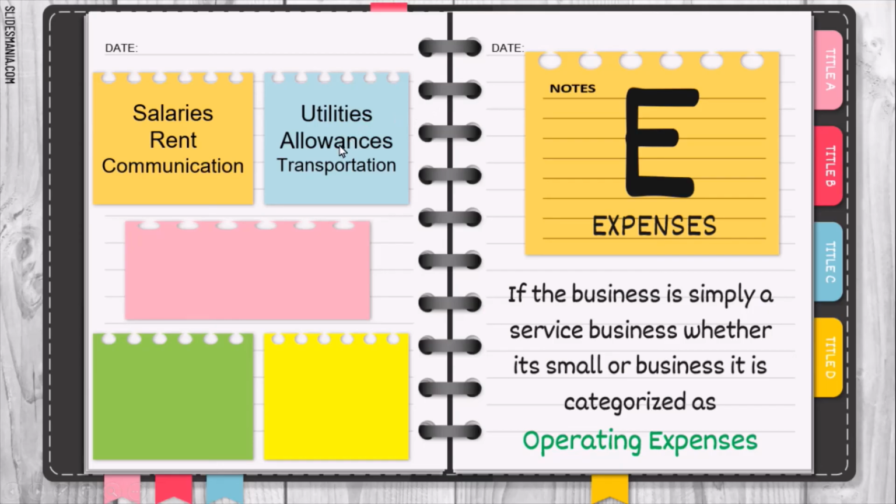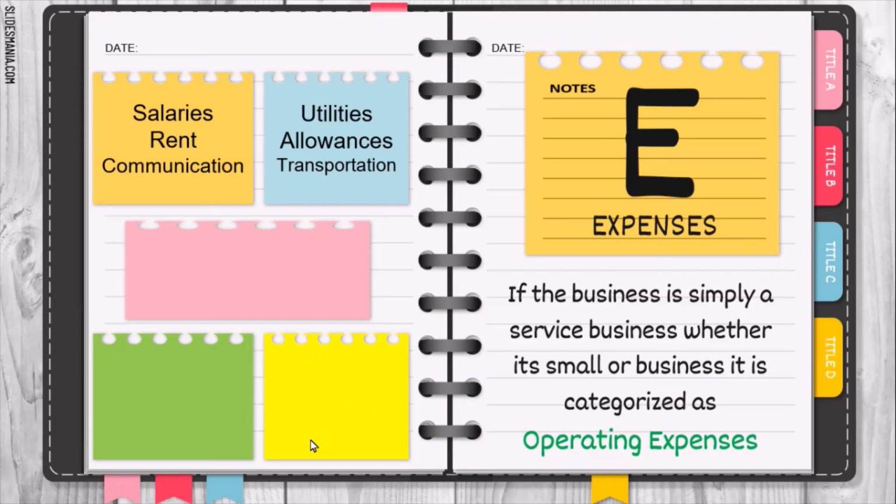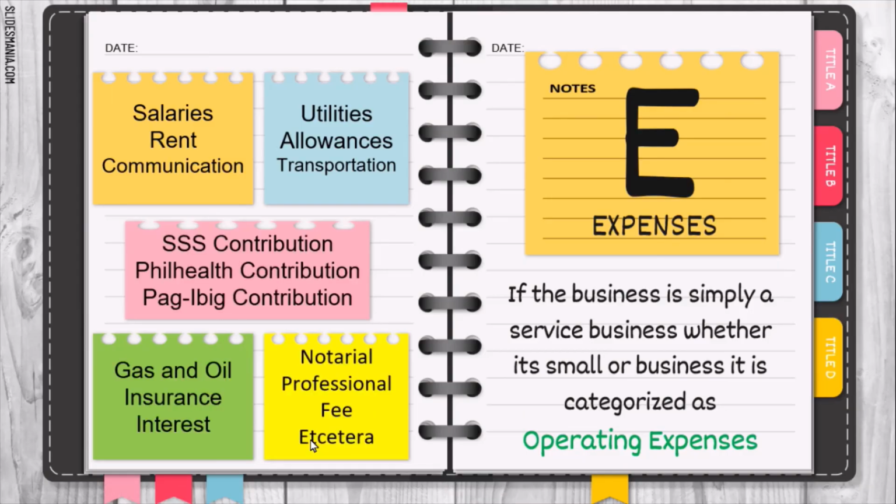Then we have the allowances, transportation, gas and oil, insurance expense, interest expense, notarial fee, professional fee, etc. All government payments, which are the SSS contribution, PhilHealth contribution, and Pag-ibig contribution, are also part of operating expenses.